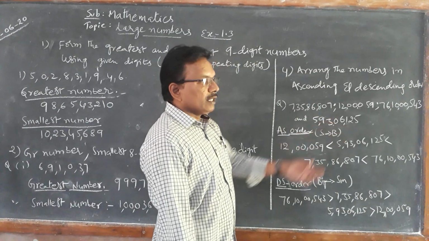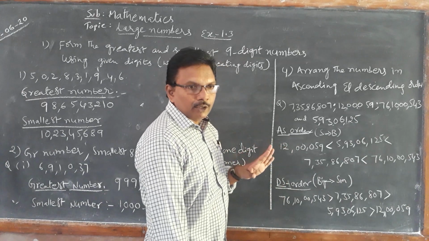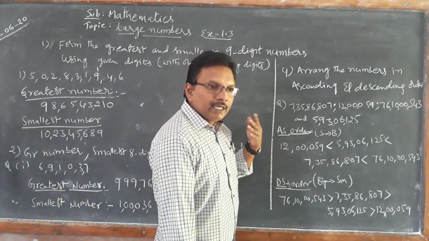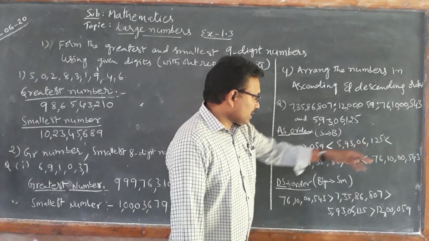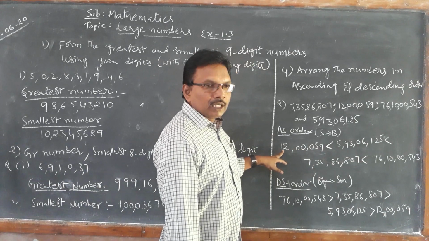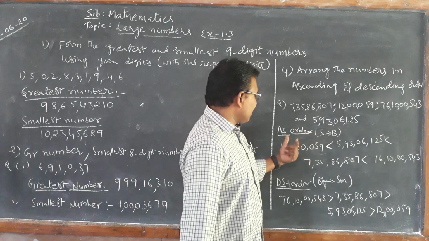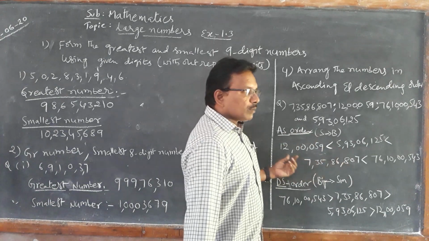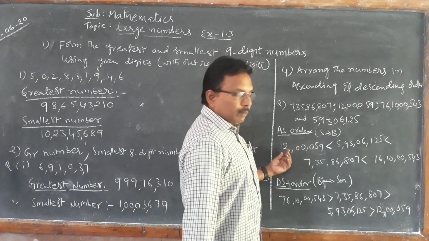Small to big. We have to check the place values: the number having the greater place value should be written last, and the smaller place value should be written at the beginning. Ascending order means small to big. See the beginning place value.